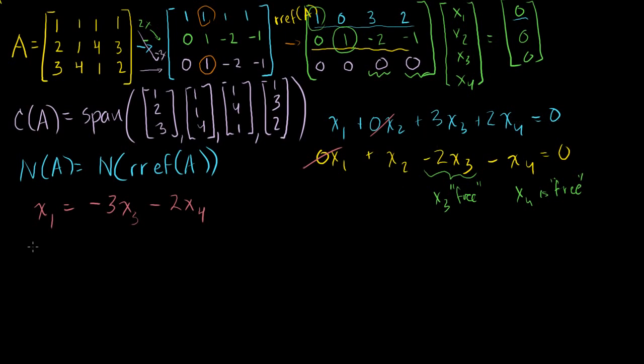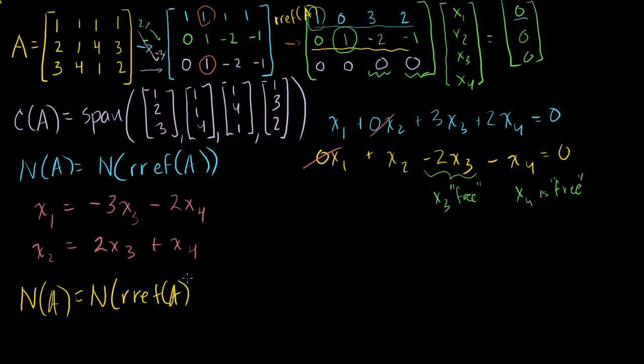And I can say that x2 is equal to 2x3 plus x4. And if we want to write our solution set now, so if I wanted to find the null space of A, which is the same thing as the null space of the reduced row echelon form of A, is equal to all of the vectors.